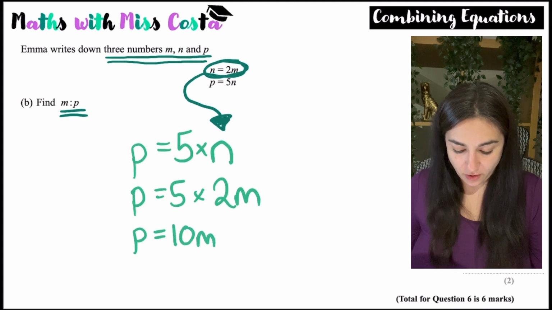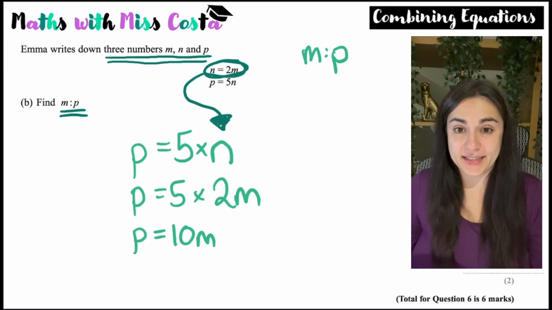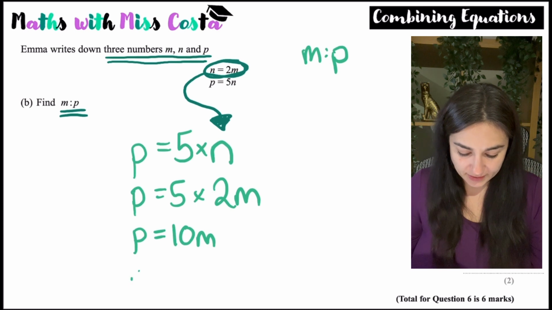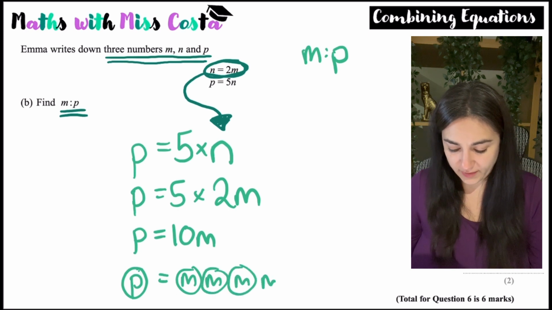Okay. Now, I want to write the ratio in the form m to p. So I need to think to myself, if I try to visualize this, what does it look like? Well, 1p is equivalent to 10 lots of m.